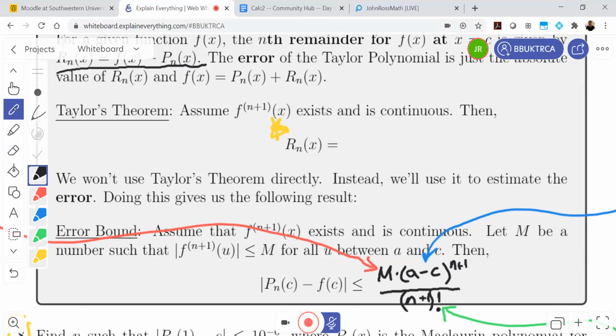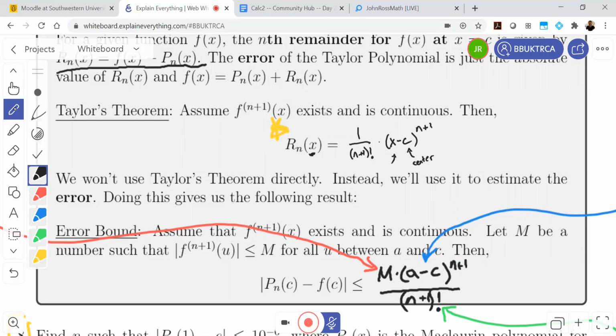The remainder turns out to be 1 over n plus 1 factorial times the central value, whatever that is. So that will be, let's say it like this, x minus c to the n plus 1, right? Again, c is where we're centering our polynomial around, and x is whatever x value we're looking at. That's the same x value as over here.